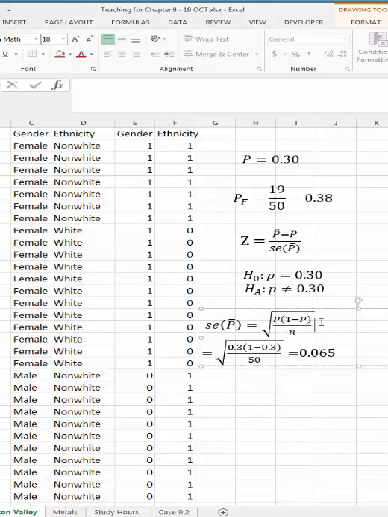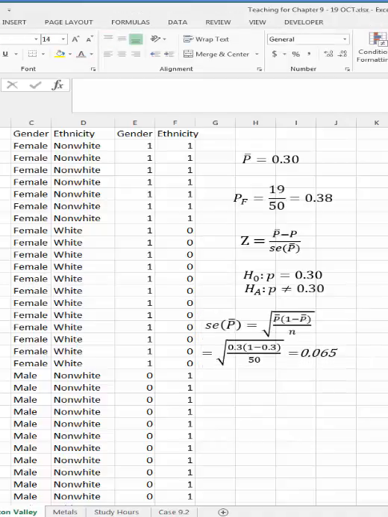That's where the 1 minus P comes from, and we need to divide by N, which we know is 50. So we've got 0.3 times 1 minus 0.3, or 0.3 times 0.7, divided by 50, and we should get this value right here, 0.065. So this is our standard error for our P bar.